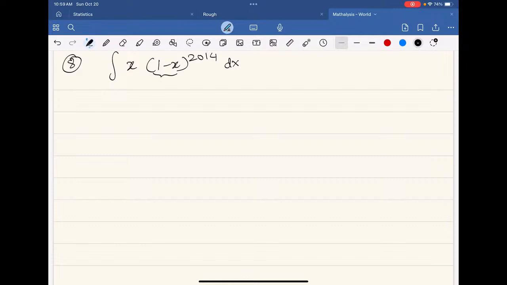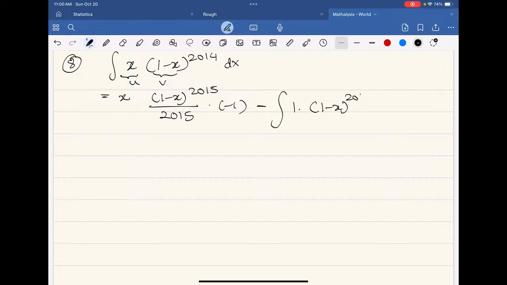So let's do that. Now if it's integration by parts, this is u and this is v, x times 1 minus x to the power 2015 by 2015 times minus 1, because the coefficient of x is minus 1, and then negative of the integral of the derivative of x, which is just 1. Its integral is minus 1 minus x to the power 2015 by 2015, and since the coefficient of x is minus 1, we have to make this plus dx.